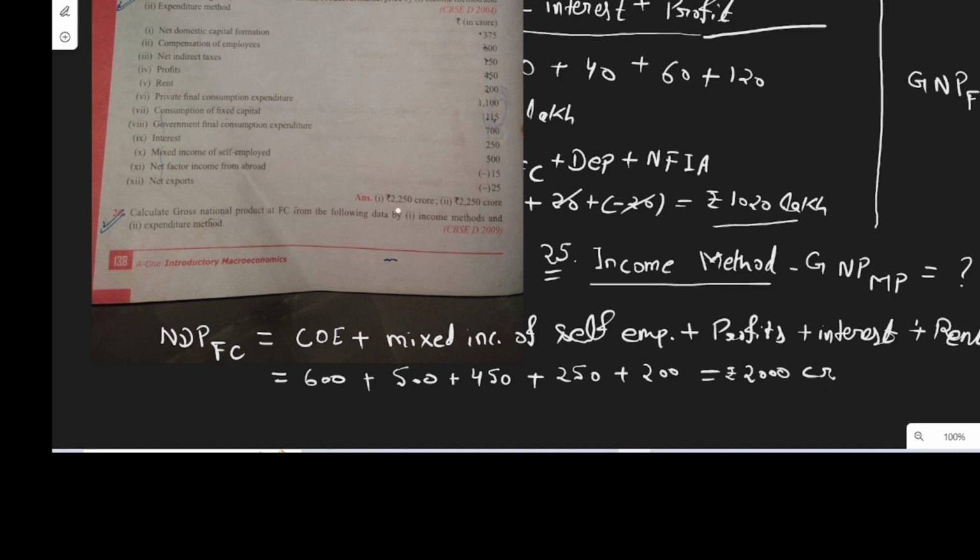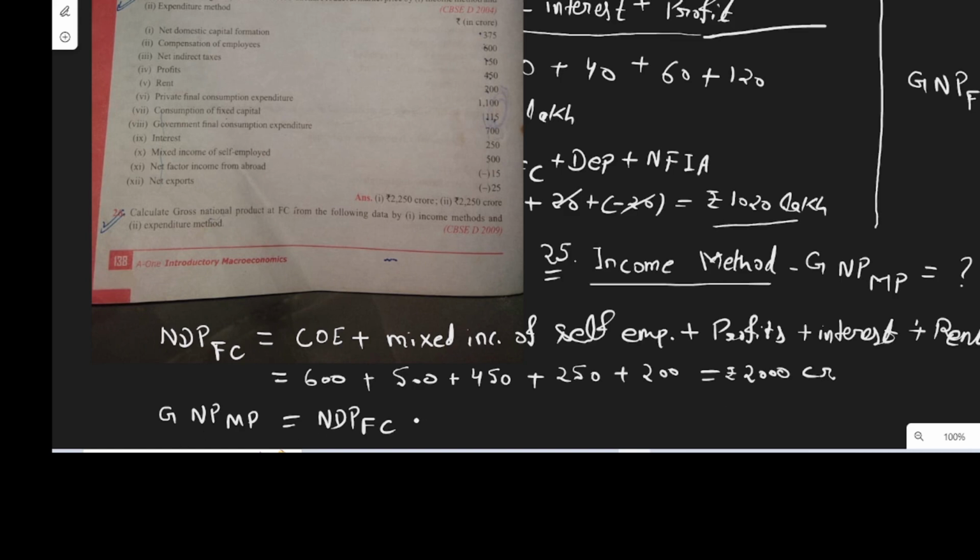But it is not the answer. Why? Because we were not asked to find NDPFC. We have to find GNPMP. Again, using third chapter knowledge, GNPMP is to be calculated. NDPFC is given. That is already known, written at right side.